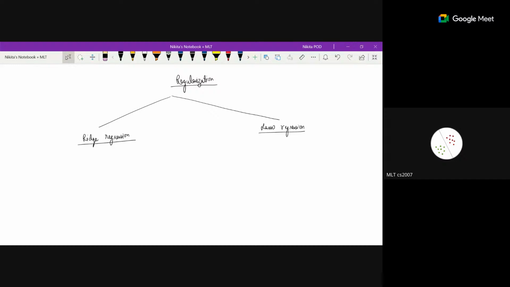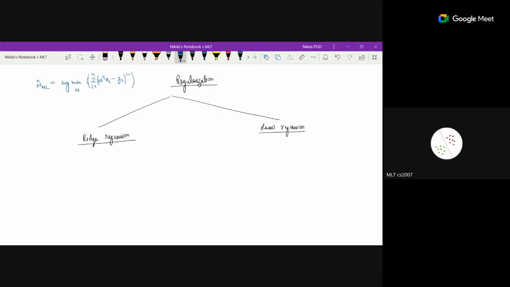Now, when we looked at the linear regression problem, my W hat ML was given by argmin over W of the sum of W transpose Xi minus Yi whole square, where i is varying from 1 to n.